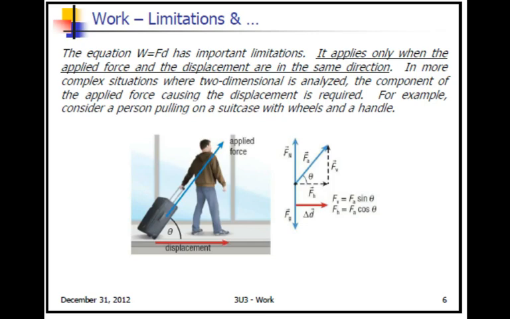The force they're applying to the luggage is at an angle, but the luggage itself is not going to be moving up at all. It's just going to be moving in the horizontal direction. So in this case, the only portion of the force that's doing work is the horizontal portion of that force. So you'd have to break the force into its horizontal component to determine the work that's done. It's just that horizontal component of the force multiplied by the displacement, that is the work.